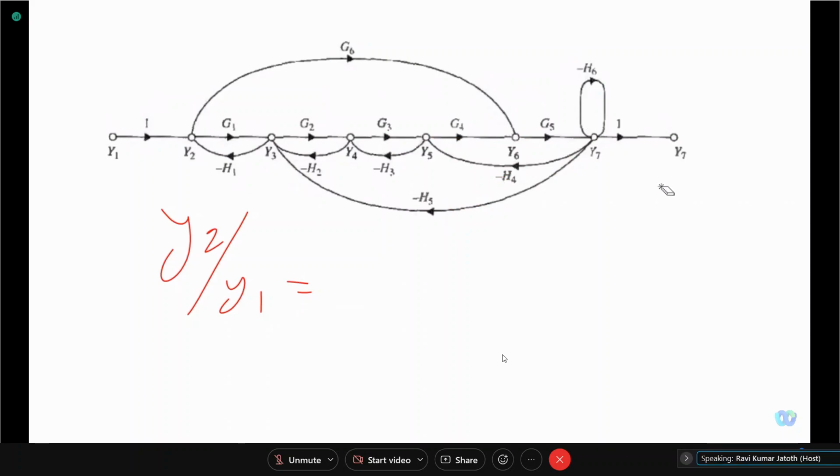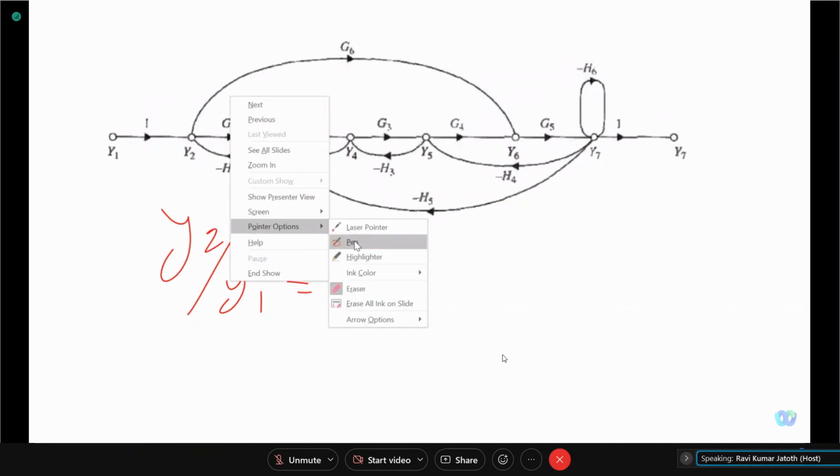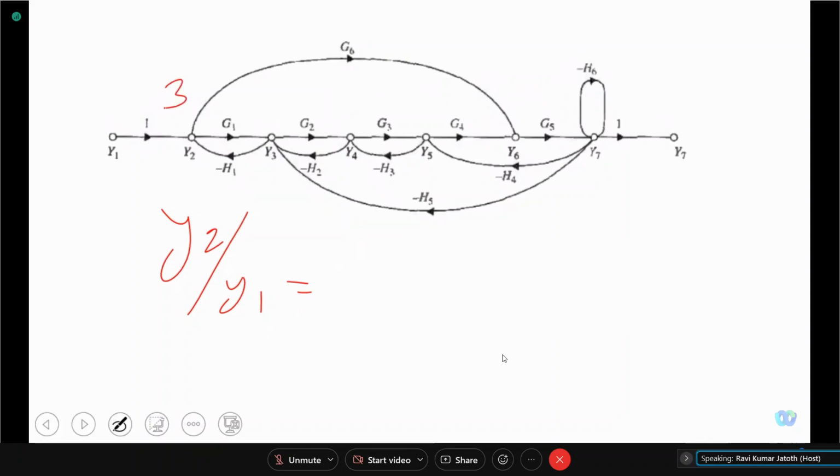How many loops of this type? At Y2, we have 3. At Y3, we have 2. Y4, we have 1. Y5, we have 1. Then at Y6, no loop.